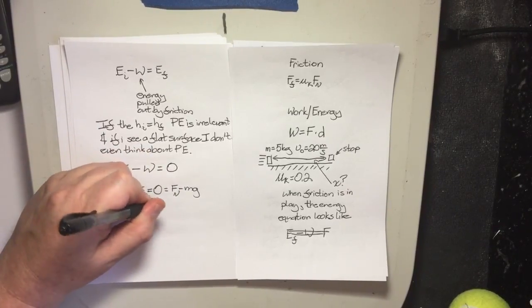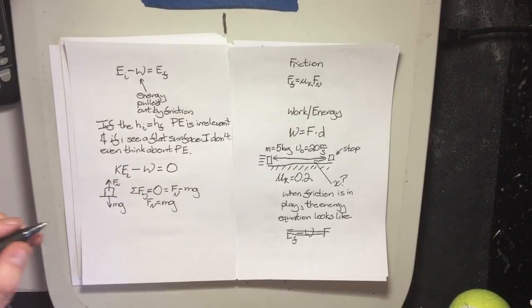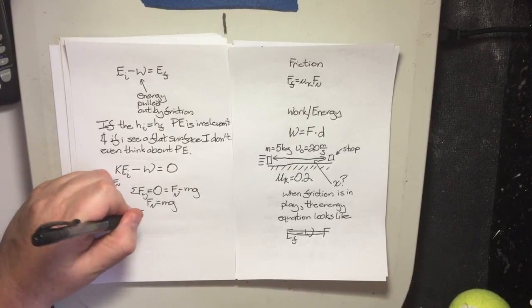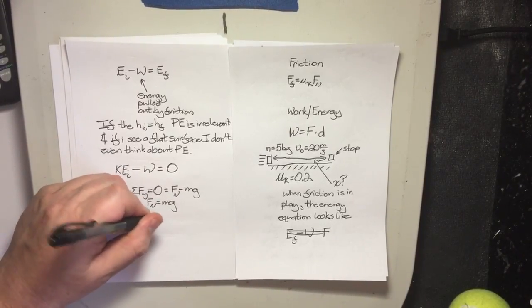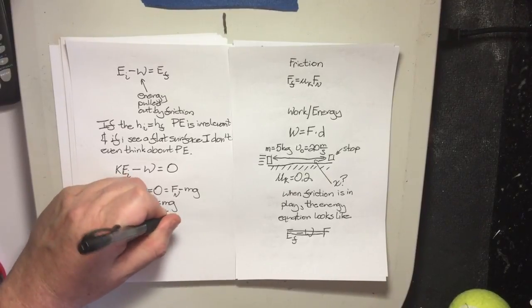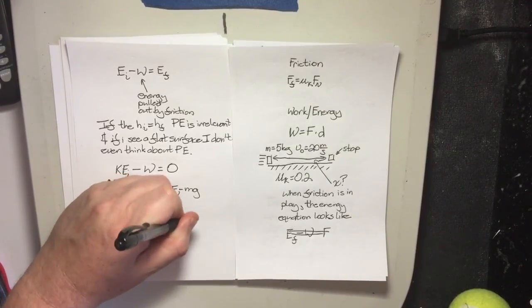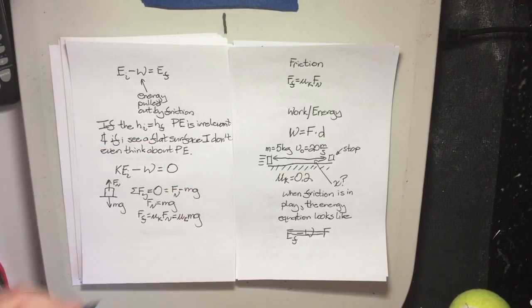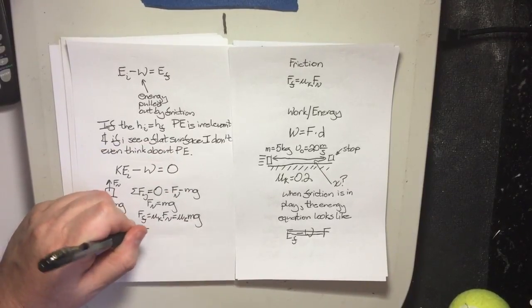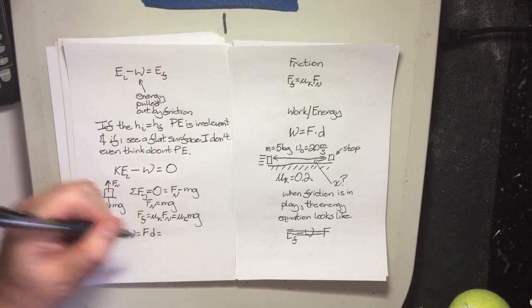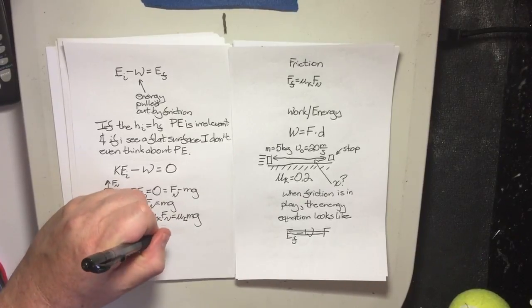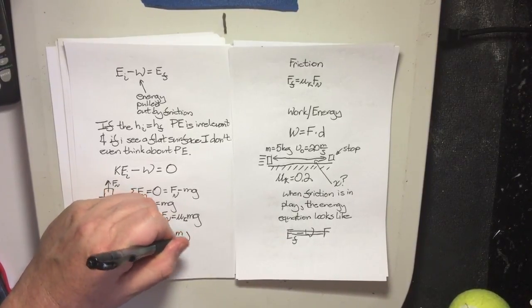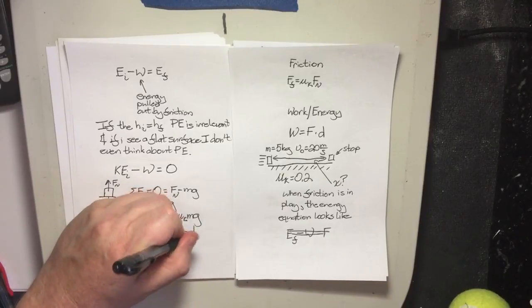So normal force is equal to mg. And then friction force, which is defined as mu sub k Fn, is equal to mu sub k mg. The work, which is force times the distance, is the friction force mu sub k mg, times d, the distance.